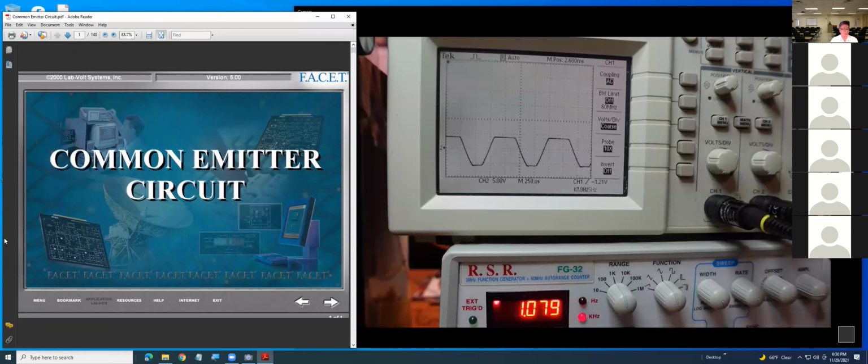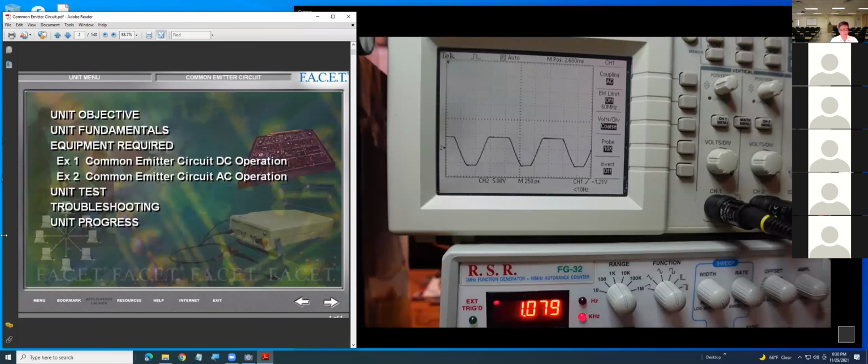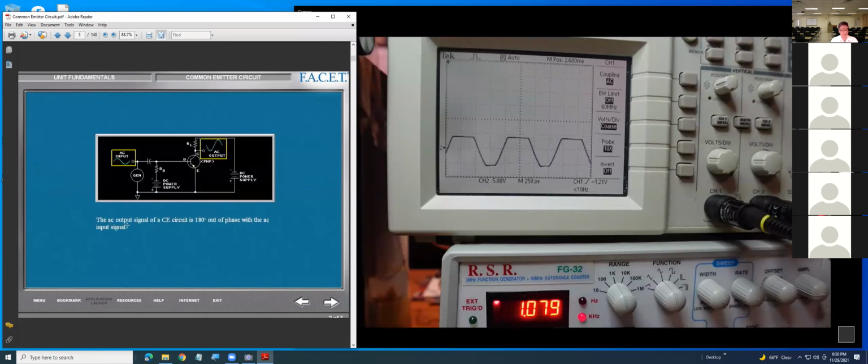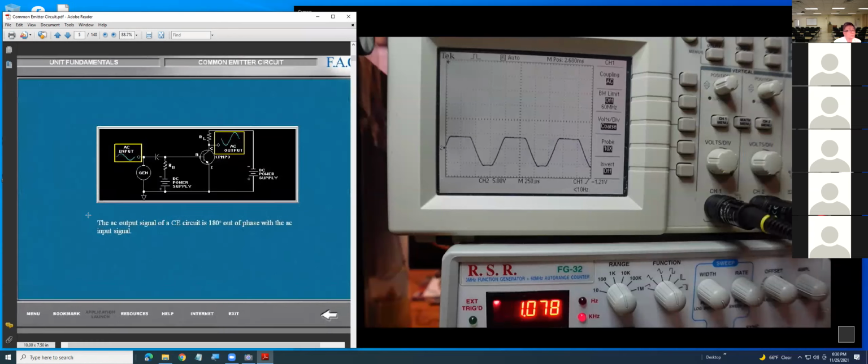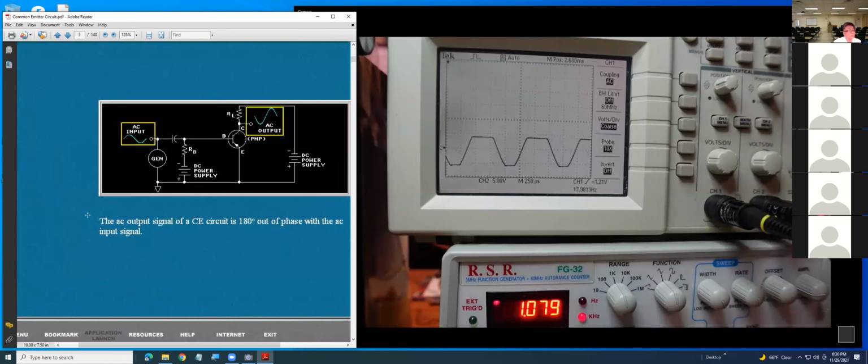Okay, so basically they're telling you common emitter. The input is applied to the base.